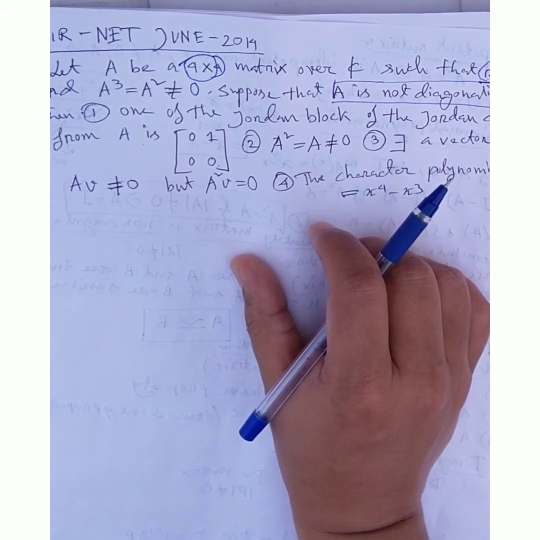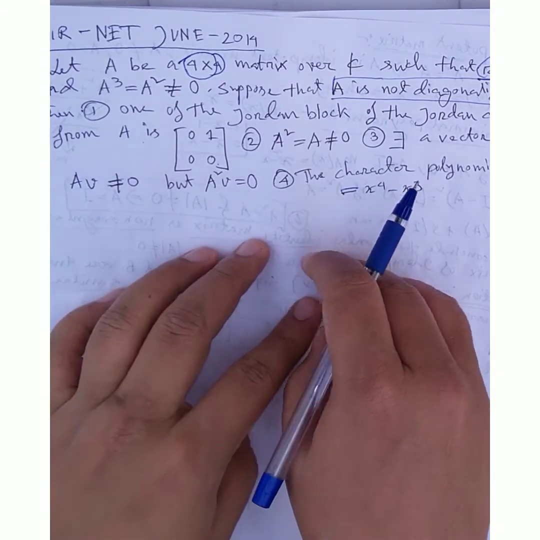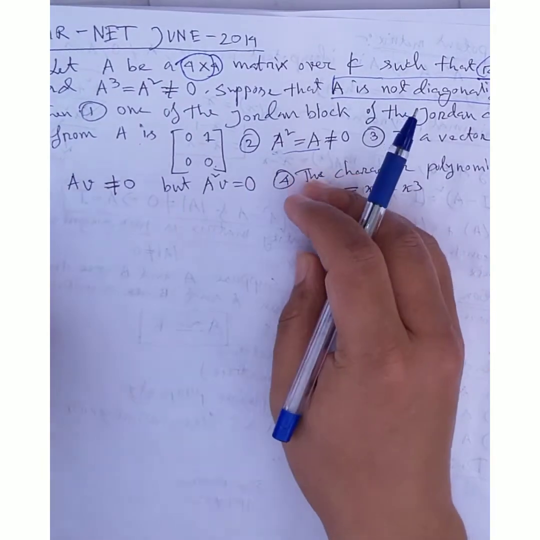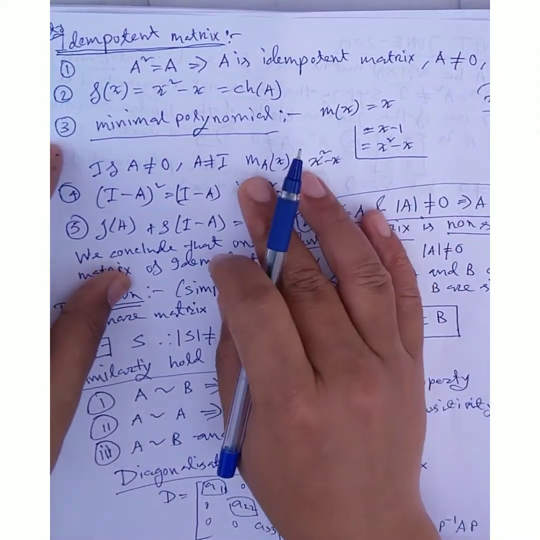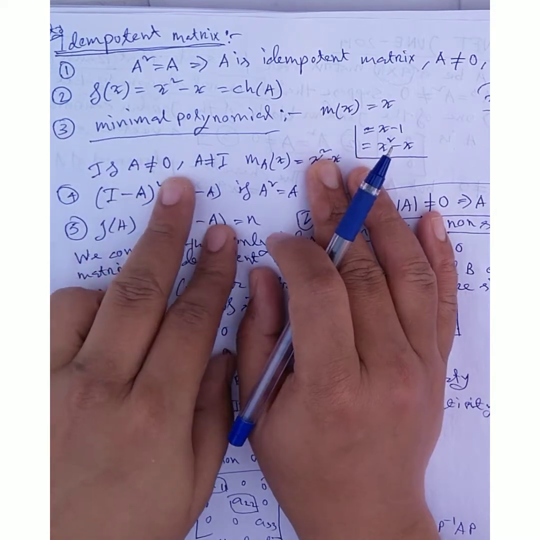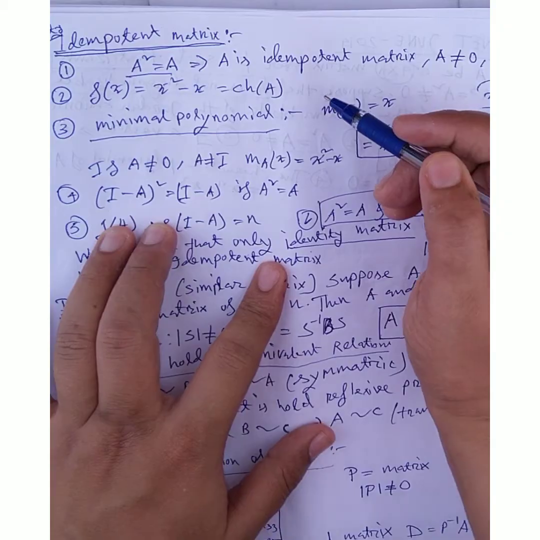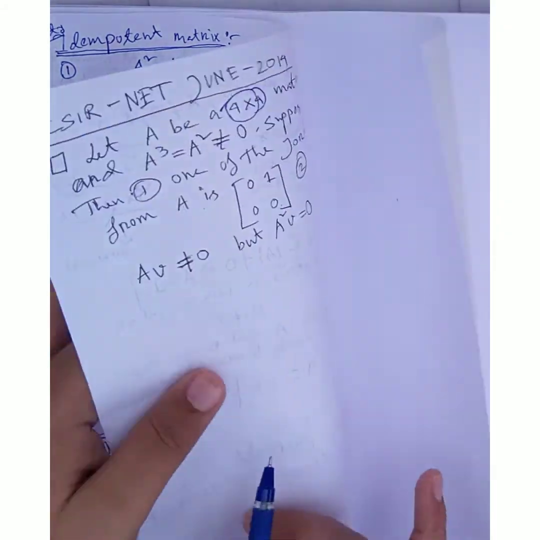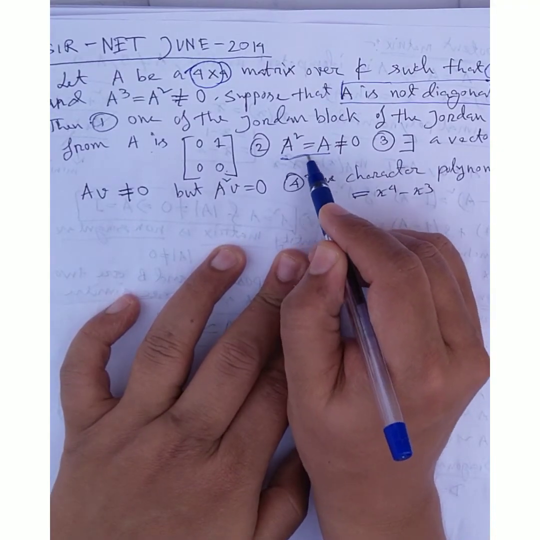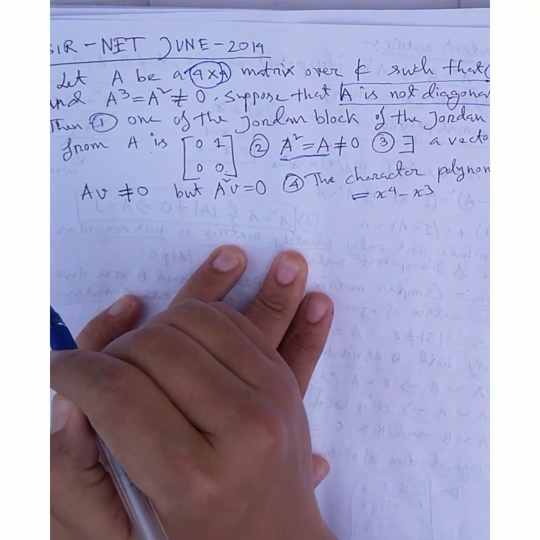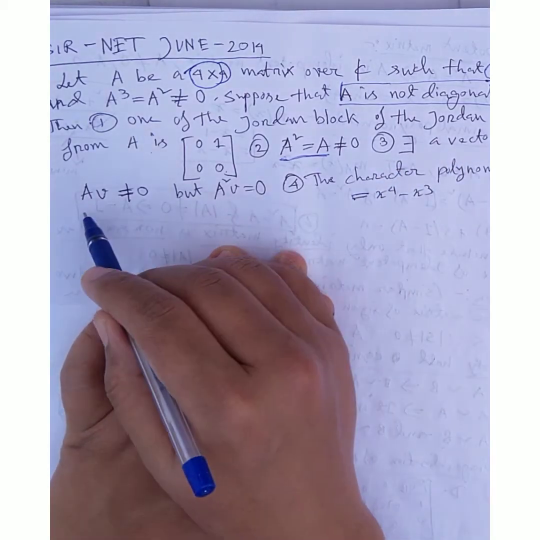At first, let us discuss idempotent matrices. At first you see A square is equal to A. I also discussed idempotent matrices in my class. An idempotent matrix satisfies A square is equal to A. Here, A square is equal to A does not equal 0.